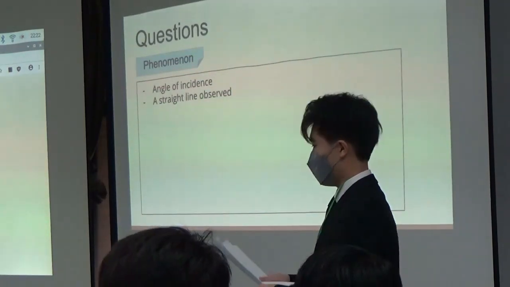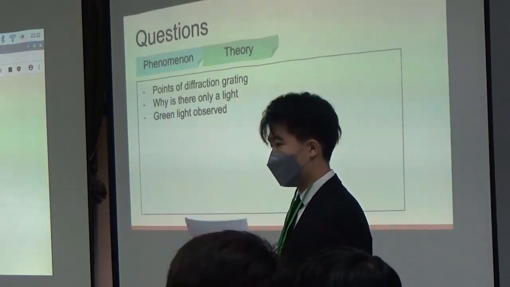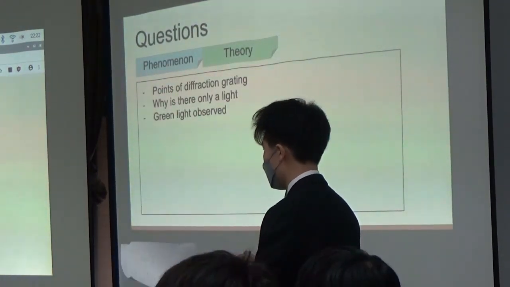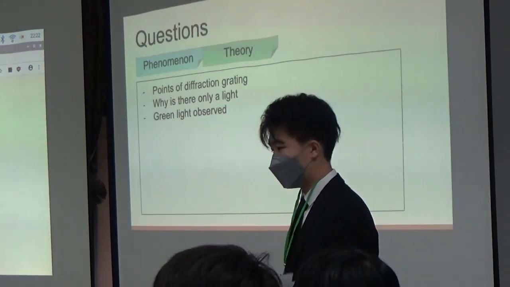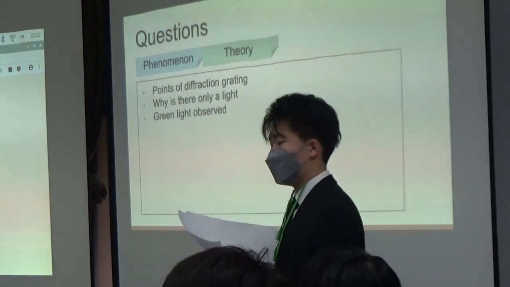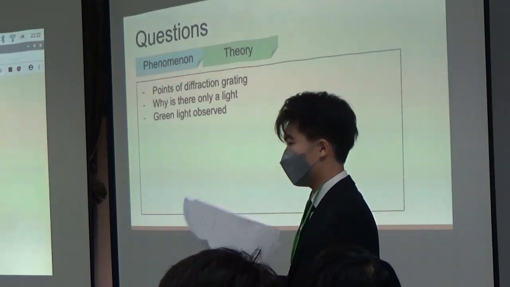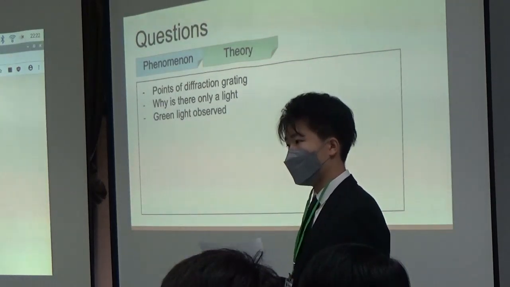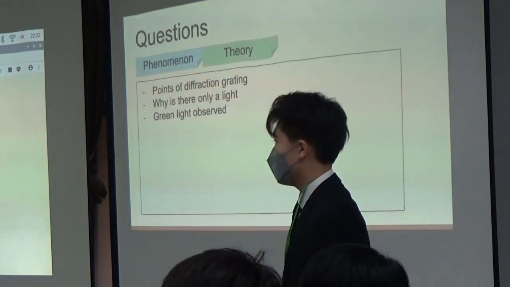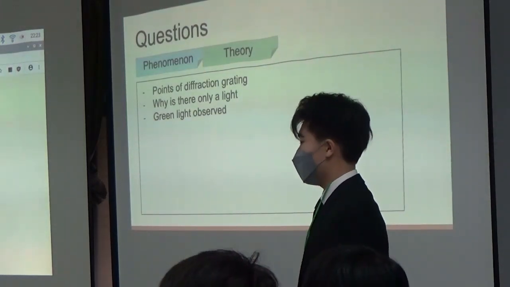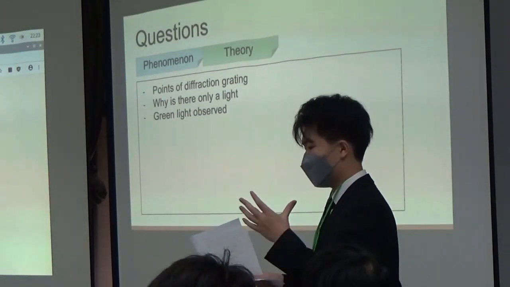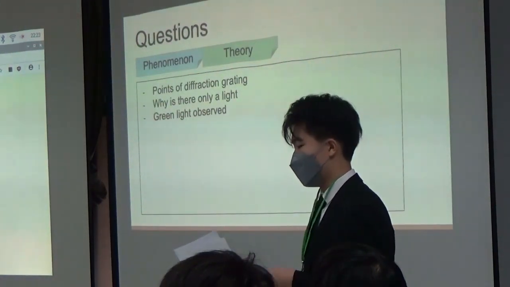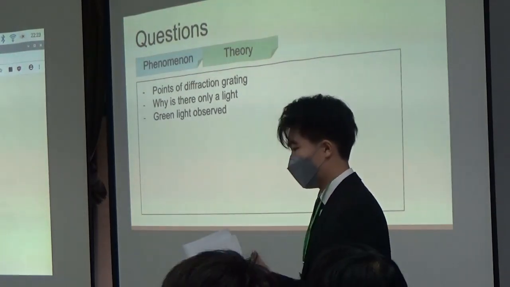Also, as the problem statement stated, only a large angle of incidence can be selected, but in the experimental setup in the report, we can see that the angle of incidence is not large enough, and maybe we can use that to explain why there are many colors on a single line, or why a clear line cannot be observed. And for the experimental data, for the example of the CD, the data suddenly disappears at the angle of 70, and the opponent thinks that there should be a further explanation for that effect.